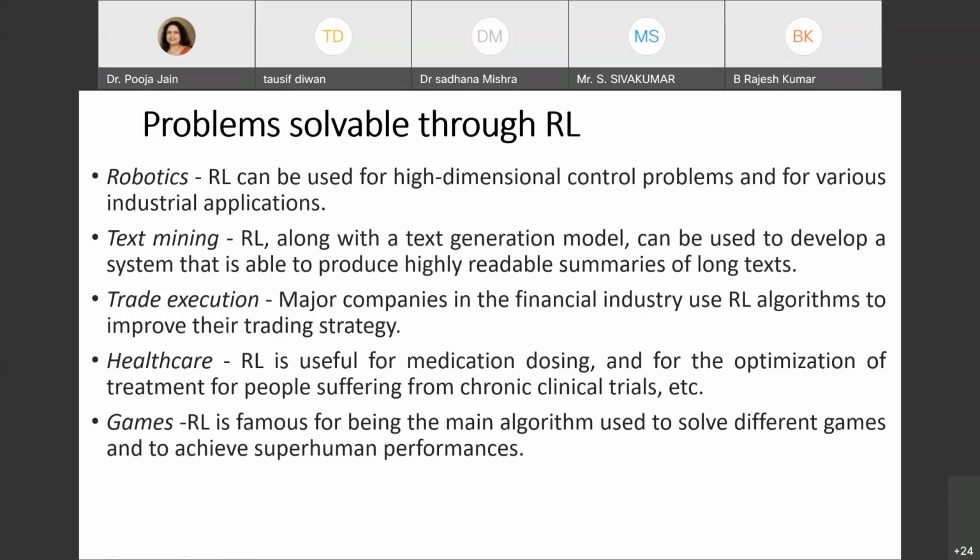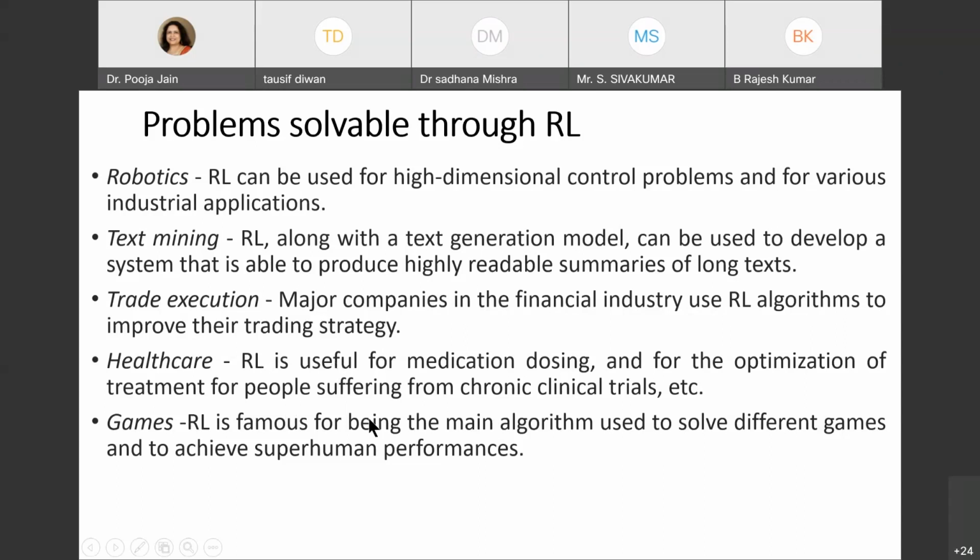Various stages of medication are there. You give the first medication and see how the body reacts to it, and depending on that we apply the second dose, or we change the medicine. So depending on the behavior of the patient's body, we decide the first, second decision. That is an example of reinforcement learning in healthcare.